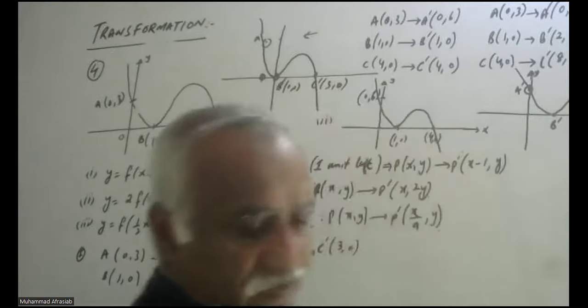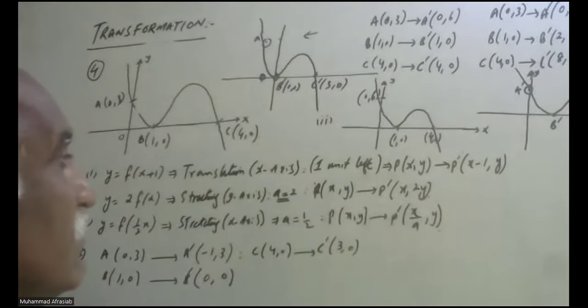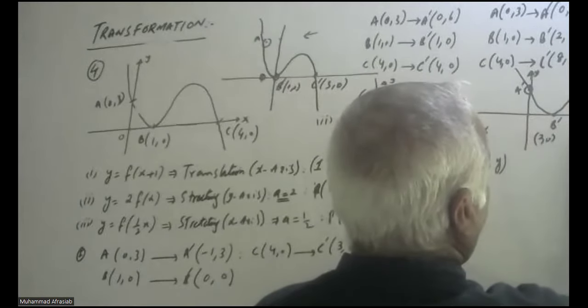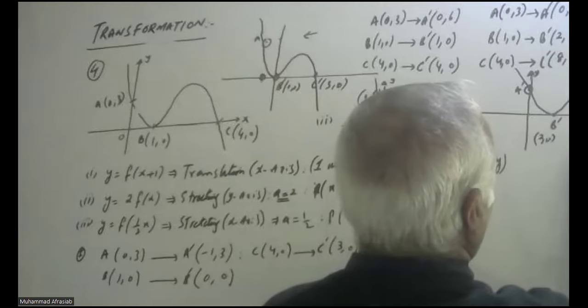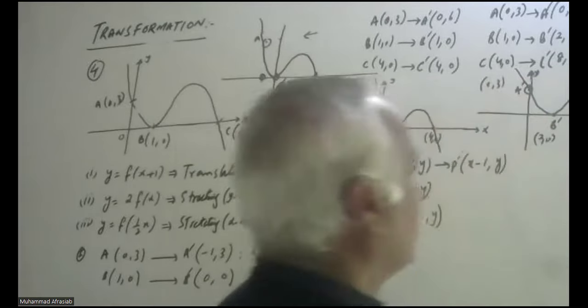So you have seen in this figure that the graph is stretched along the x-axis, where B dash is (2, 0), C dash is (8, 0), and A dash is (0, 3).